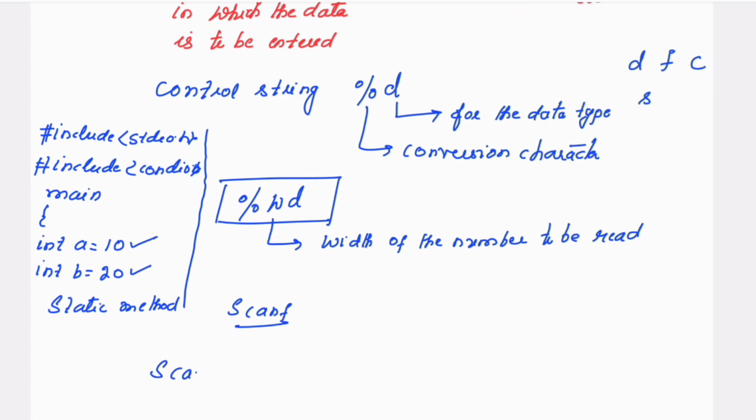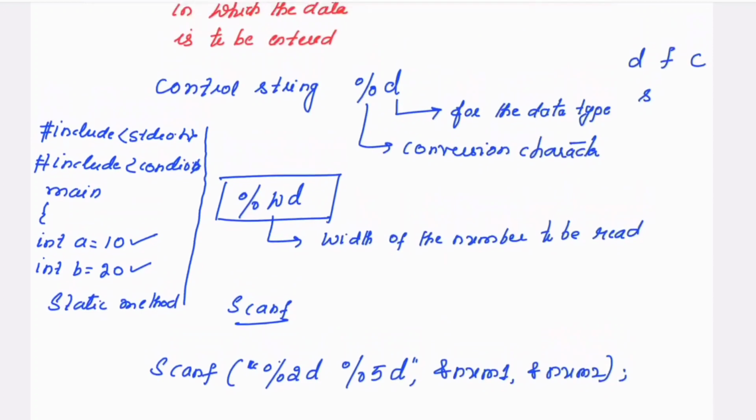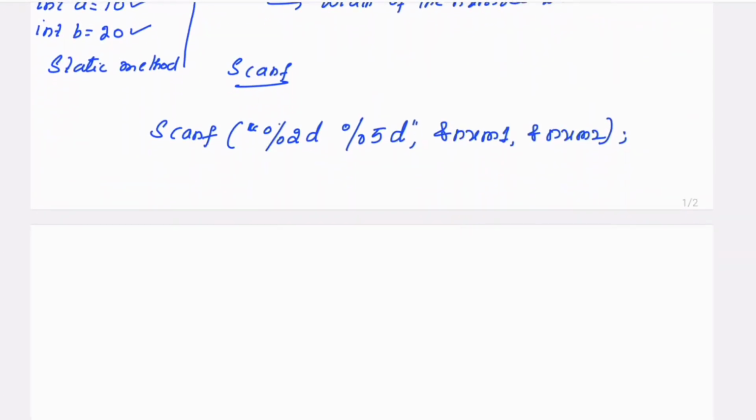Let me write one simple example of scanf, and I'm mentioning the width also. Let me use %2d, %5d, and the variables num1 and num2. Now for this, I need to give the data.